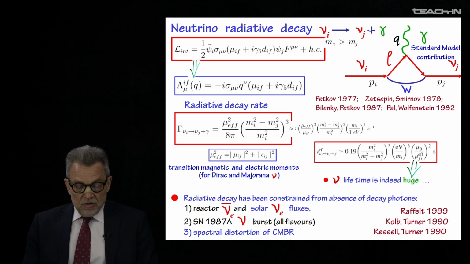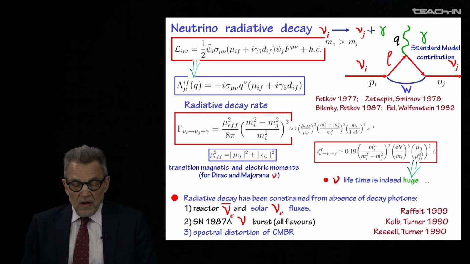Also, the neutrinos from supernova 1987A can be used to constrain the lifetime of neutrinos. And it is also possible to constrain this effect due to observations of cosmic microwave background radiation.